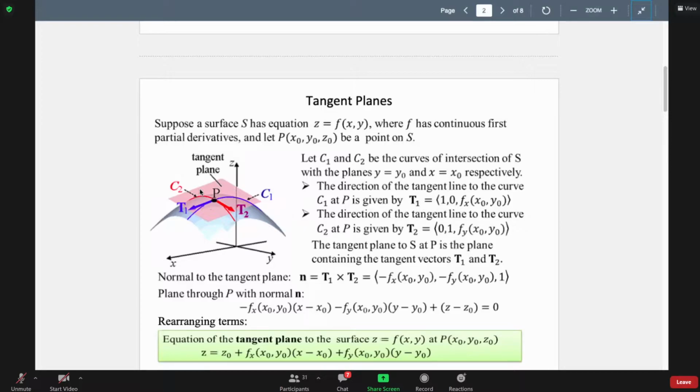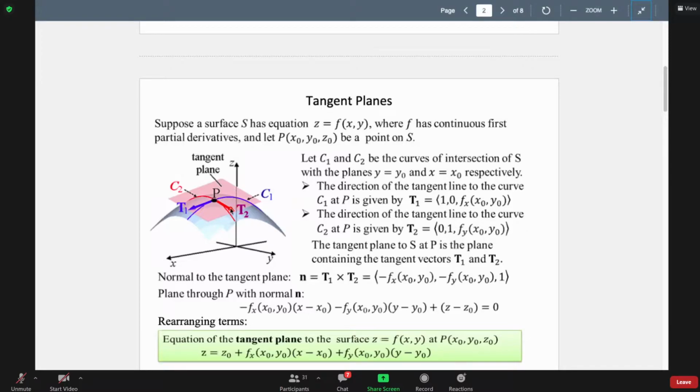And the tangent vector to the second curve is the other way around, 0, 1, and the partial derivative with respect to y. So those are the 2 tangent vectors to those curves. Again, justification was given, but you have to know the formulas for those. You may be asked to compute such things on the web work and so on.